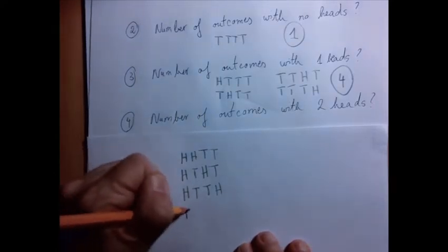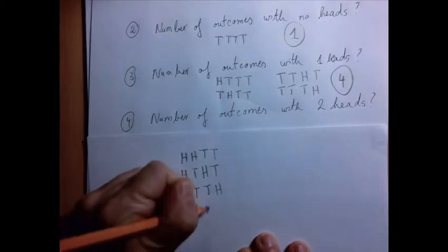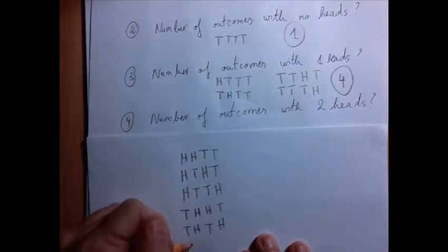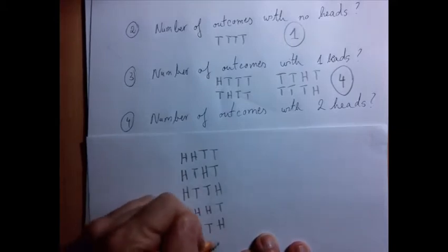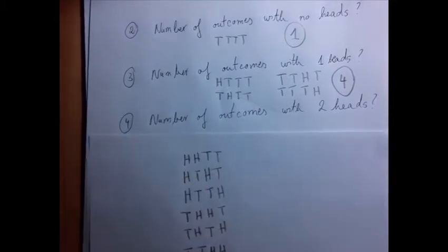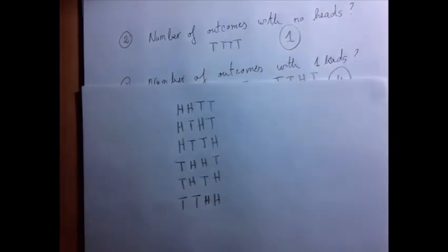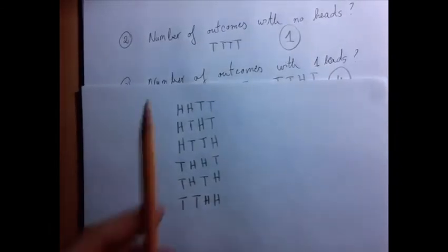What about if the first one is a tail? Then we can have second and third heads, or second and fourth. And finally, we can have, is that all? Yeah, we have 6 such outcomes. And if you think about it, this makes sense because we have 4 spots.